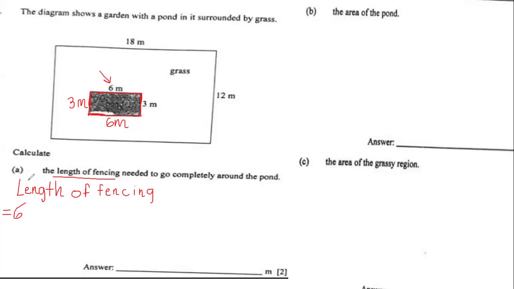Okay, so 6 meters is gonna be the first one. So that's 6 meters plus 3 meters plus 6 meters plus 3 meters, which is going to be equal to 18 meters.